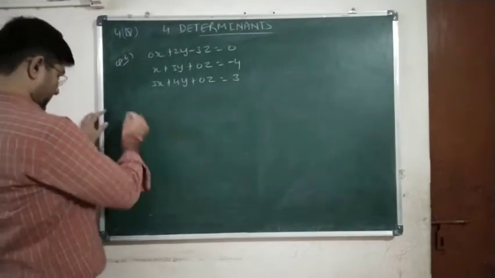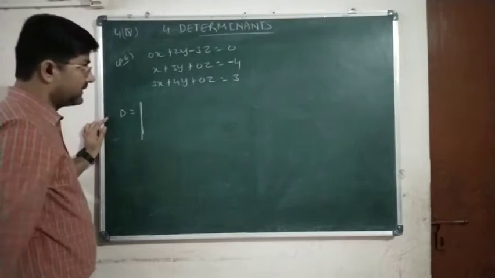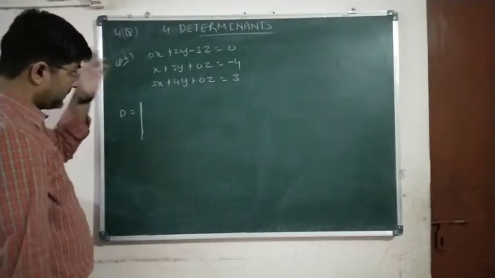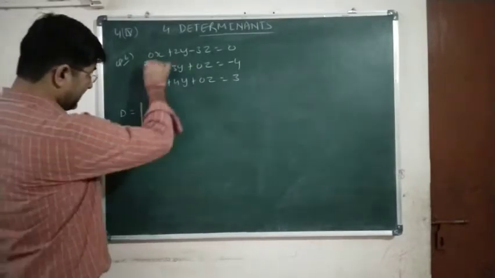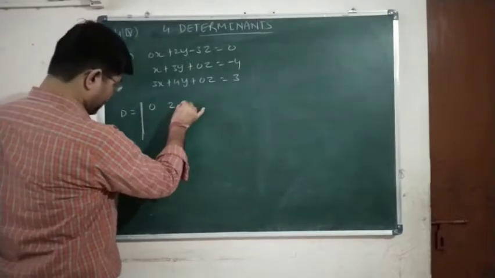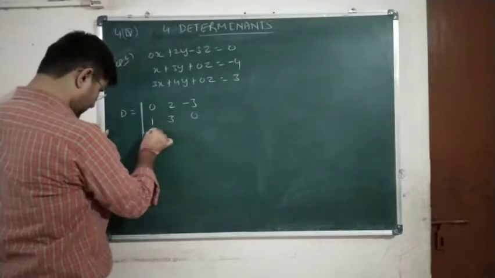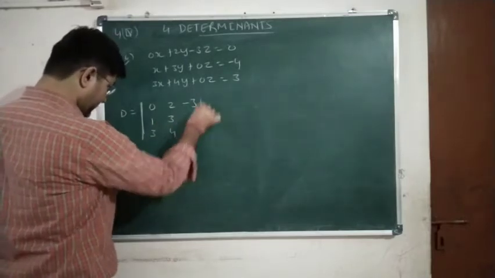Now first we will calculate the determinant D, a determinant involving the coefficients of x, y, z. Row-wise, the entries are 0, 2, minus 3; 1, 3, 0; and 3, 4, 0.